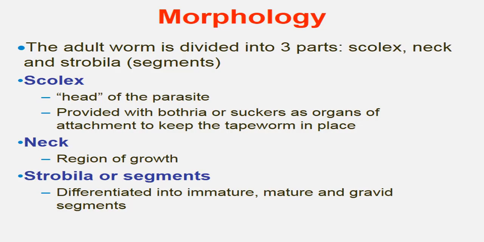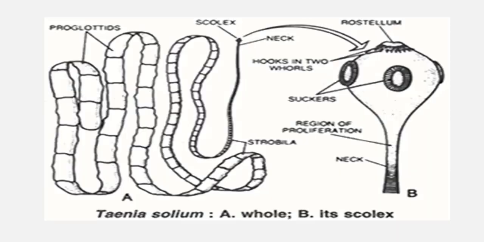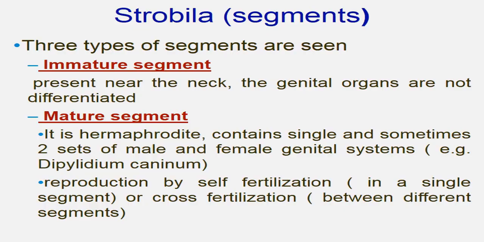The neck is the area of growth, and segments are differentiated into immature, mature, and gravid segments. This diagram shows the scolex and the neck and the different segments: immature, mature, and gravid segments.